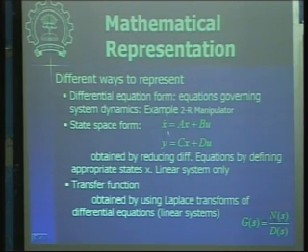Here you reduce that second order differential equation to first order by introducing a new variable, and then you can put the equation in this form: x dot is equal to Ax plus Bu, and y is equal to Cx plus Du. This is called the state space form. In this form, the A, B, C and D matrices characterize the system, and these matrices are constants for linear systems.